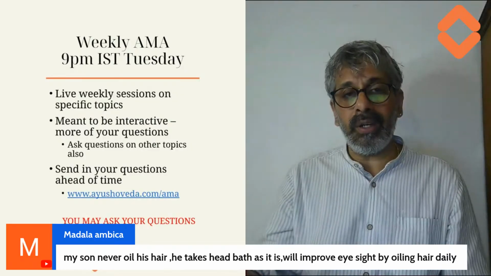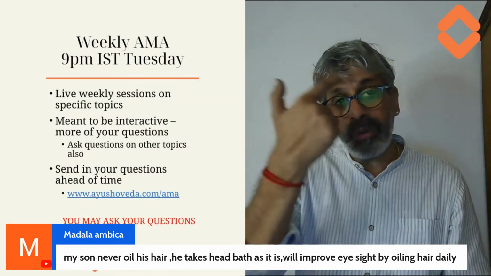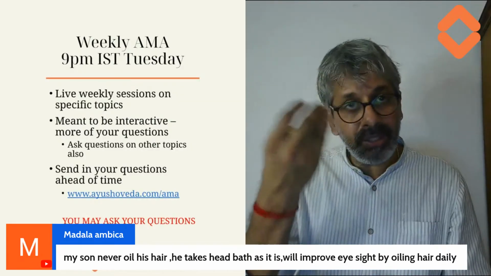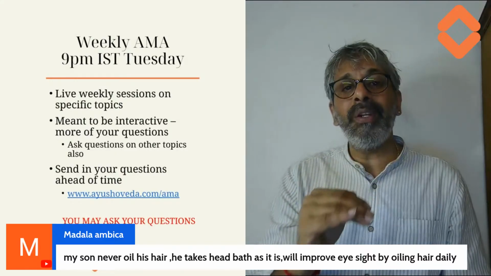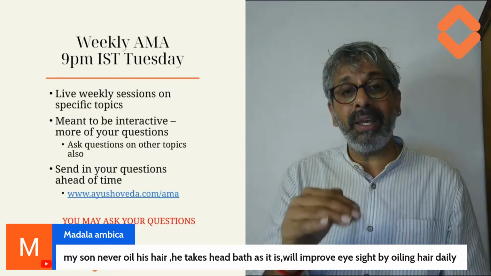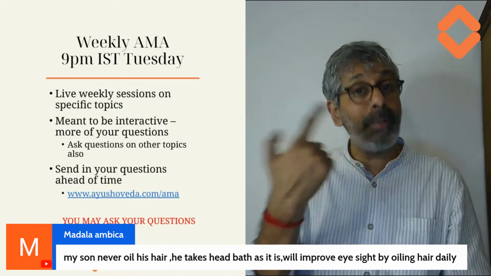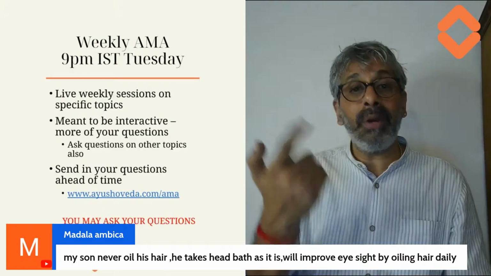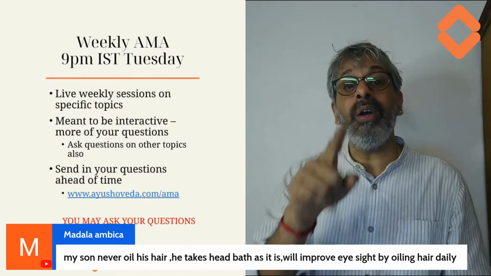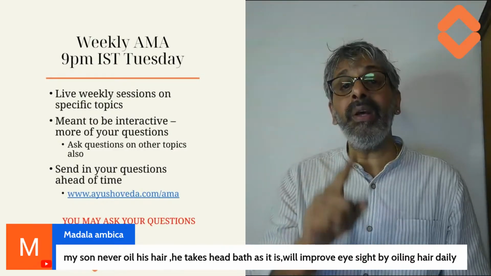Even though decoctions are given, when you do akshitarpana or anjanam, most of the medicines have ghee as their base. So ghee is really good for the eyes, and that too at bedtime will help you improve them. But application of oil on the head is also good for maintaining good eyesight.